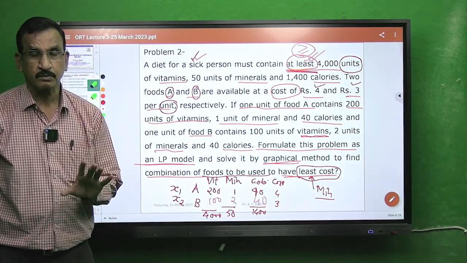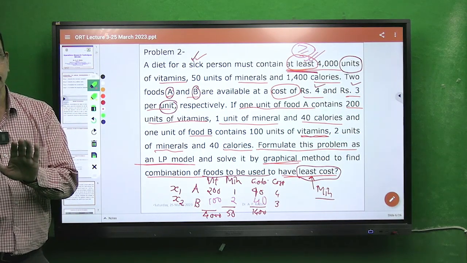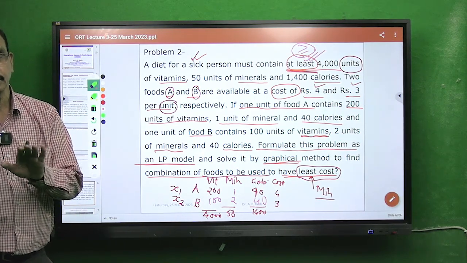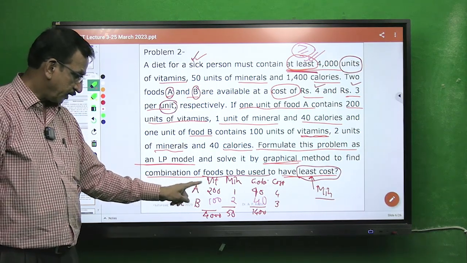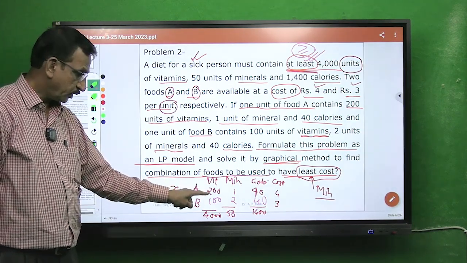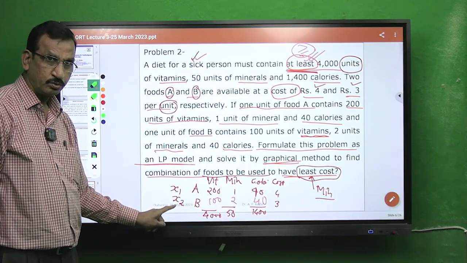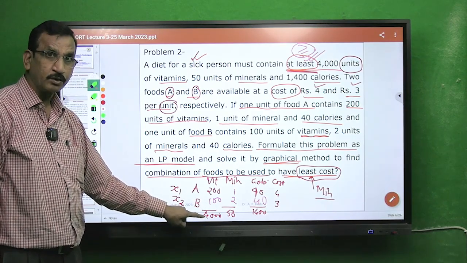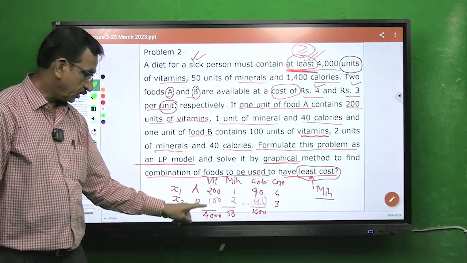The conditional sign will be greater than or equal to for the quantity of resources required. So 200x1 + 100x2 ≥ 4000, at least sign.